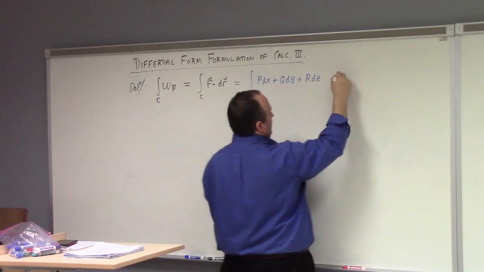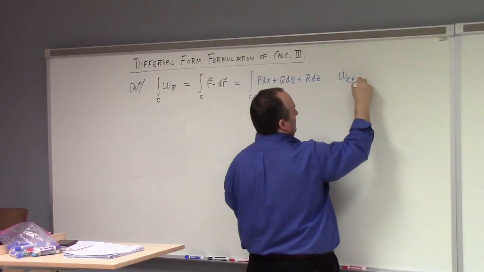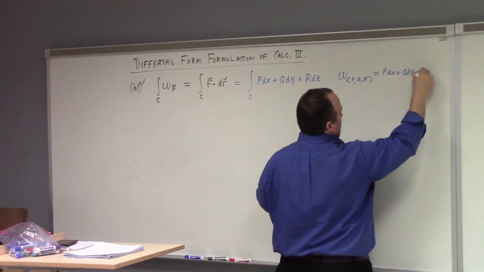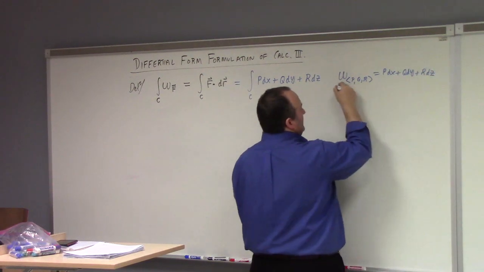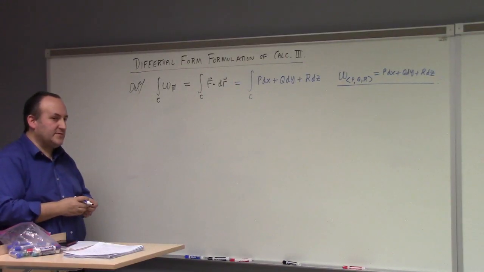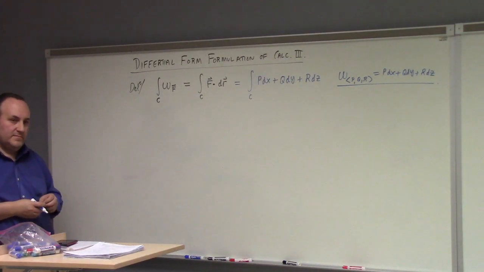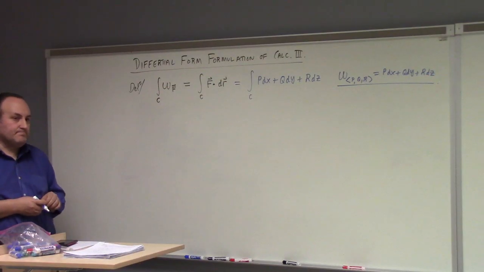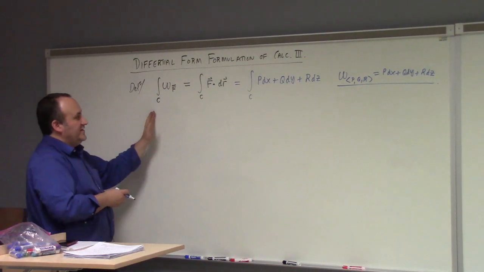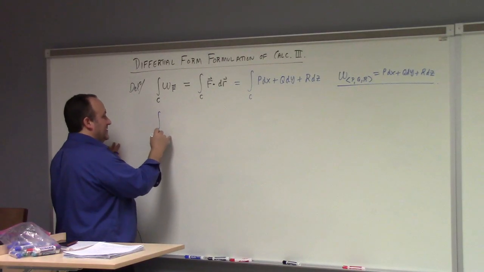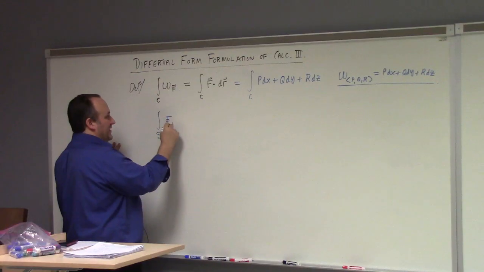Notice that the work form corresponding to pqr is nothing more than p dx plus q dy plus r dz. So even the standard plain Jane calculus 3 textbooks already have how to integrate one forms. Now they probably don't think of it the way I'm thinking about it right now, but it's there. It's the same formula. So the integral of a one form we have to take over a curve. What do you guys think the integral over a surface of a two form of a vector field is going to be?